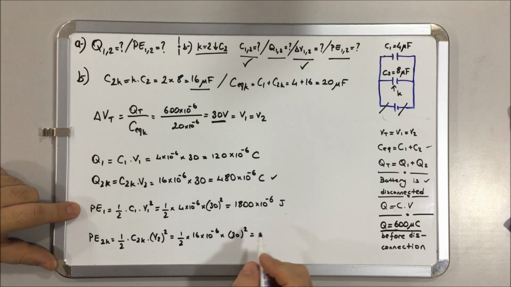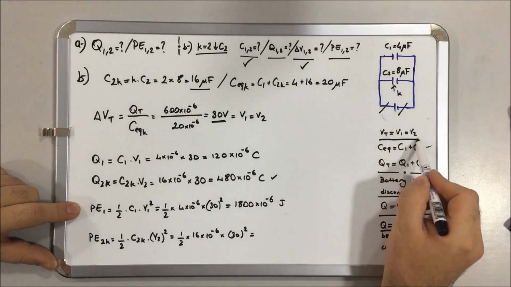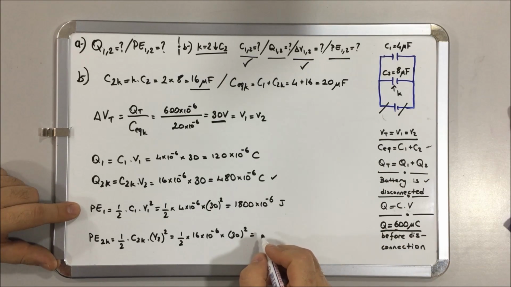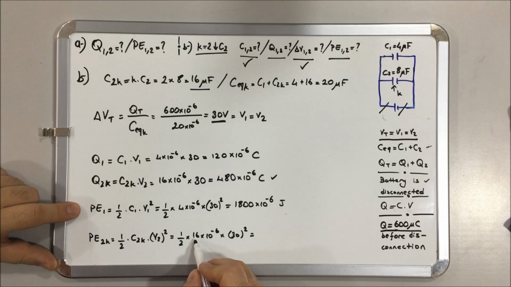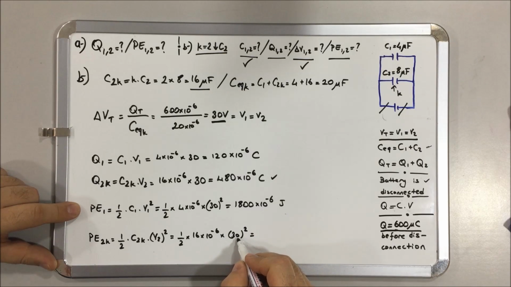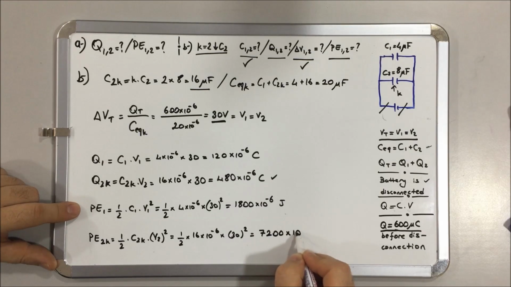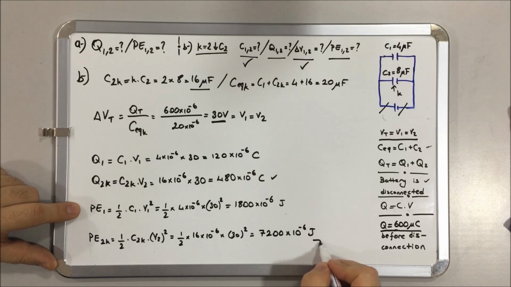In a parallel combination, the rule is that all potential differences are equal to each other. 16 over 2 is 8, 30 squared is 900, so 8 times 900 is 7200 times 10 to the power of minus 6 joule will be the result. Thanks for listening.